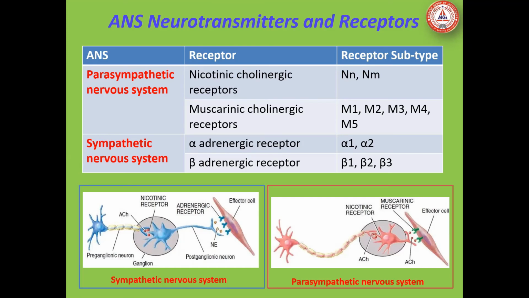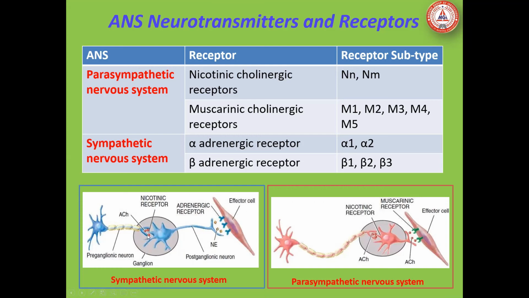Now, as you can see in the diagram, the preganglionic neuron is always myelinated. It contains a myelin sheath, and the postganglionic neuron does not contain any myelin sheath. It is an adrenergic effector cell, that is, the postganglionic neuron releases norepinephrine, and this norepinephrine binds to the adrenergic receptor, and the effect is given at the effector cell.